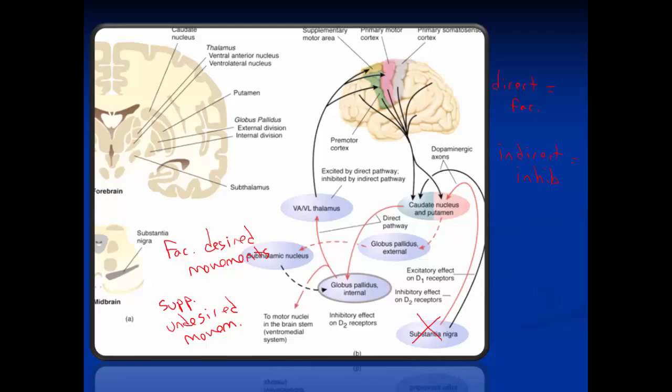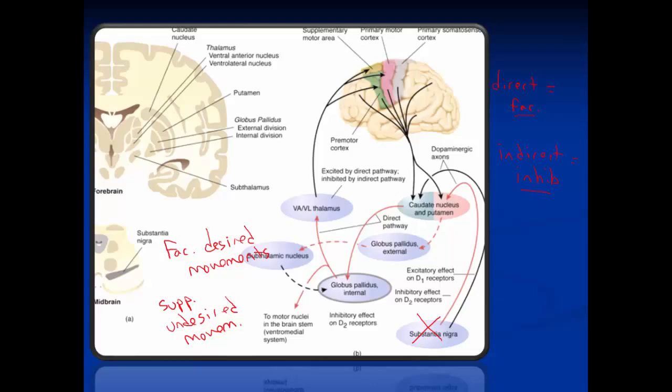That means we don't have those dopamine inputs anymore. You can see some are excitatory, some are inhibitory. Okay, so when we get rid of dopamine, that means we're going to affect both the direct and indirect pathways. Okay, so that means we're going to have altered facilitatory and inhibitory effects.